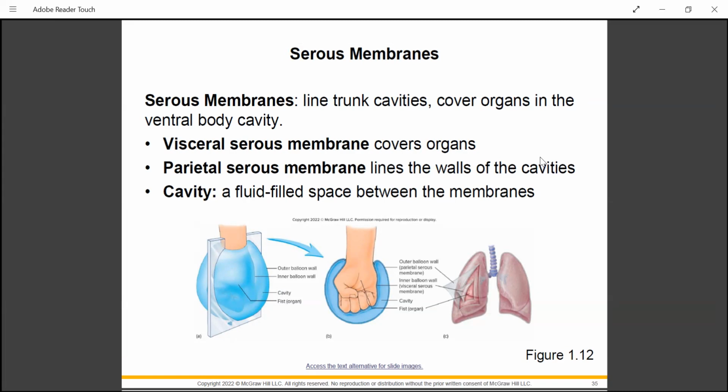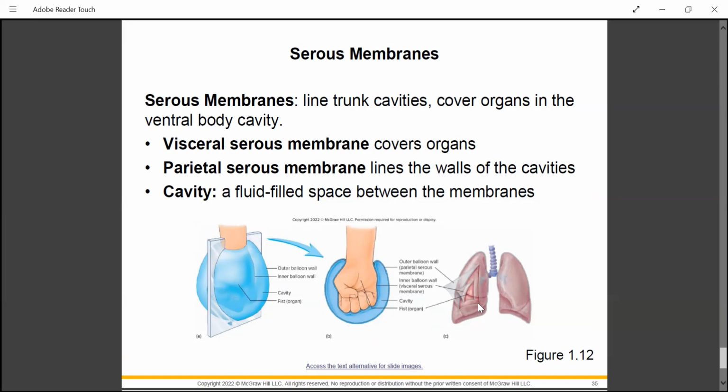Cavity just meaning a fluid-filled space between the membranes. If you look here, we have that example of an outer balloon wall with an inner balloon wall. There's a cavity between the outer and inner balloon, and our fist is contained within that inner balloon wall. That's kind of like our organ.